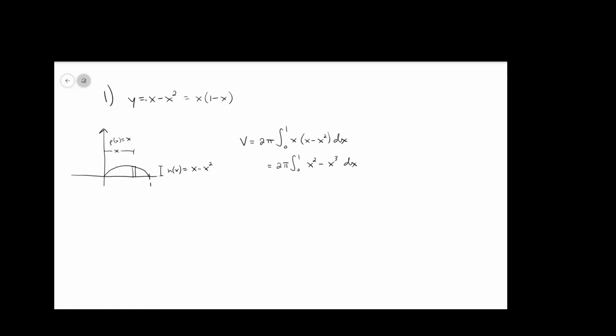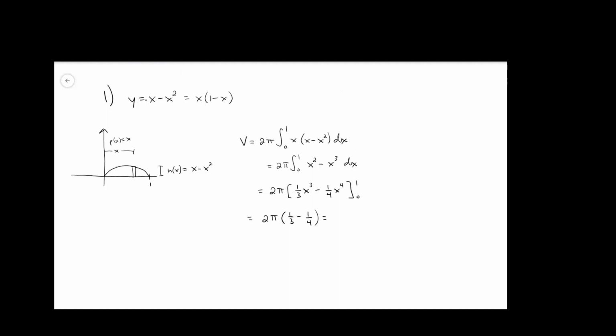Now we just have to find our antiderivatives here. 1/3 x cubed minus 1/4 x to the 4th, evaluated from 0 to 1, again, nicely. 2 pi times 1/3 minus 1/4.